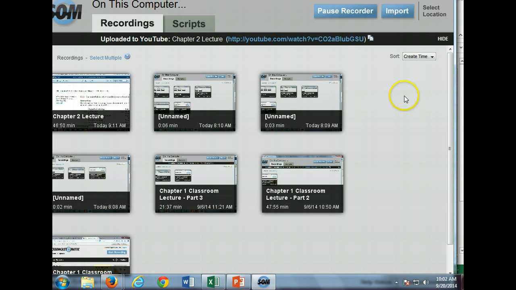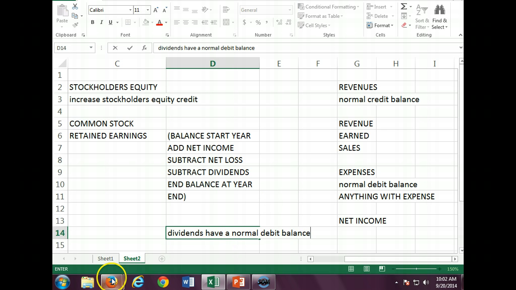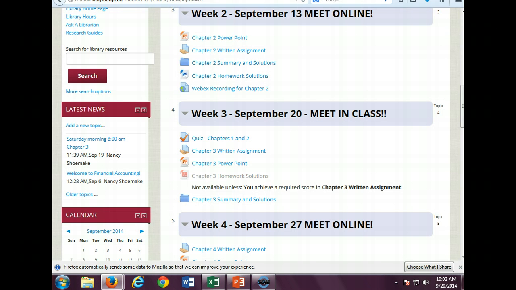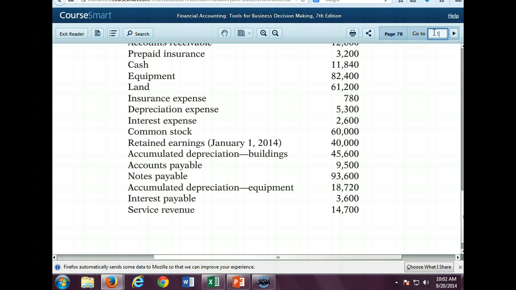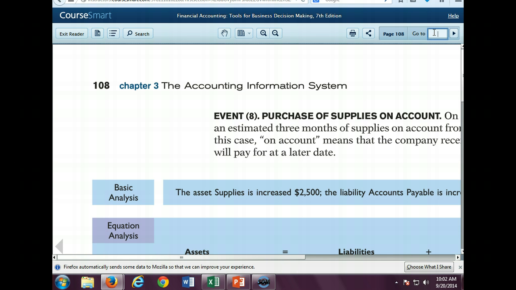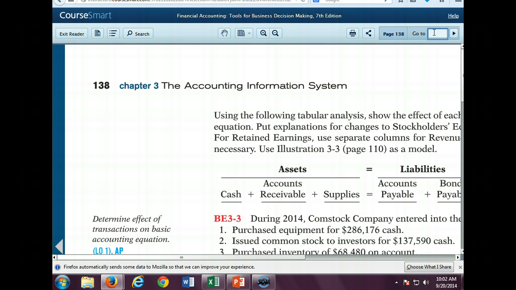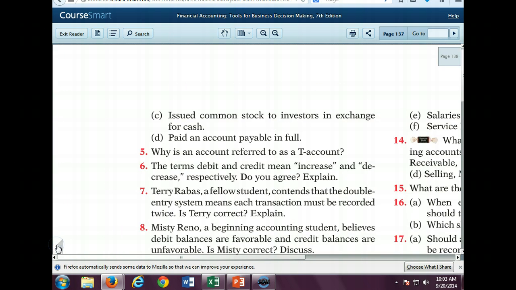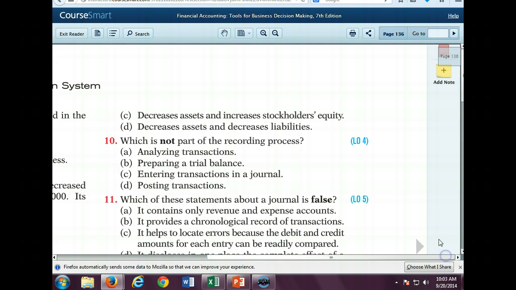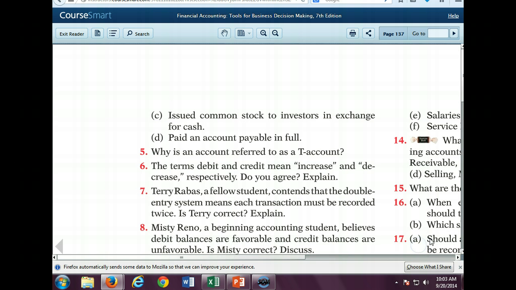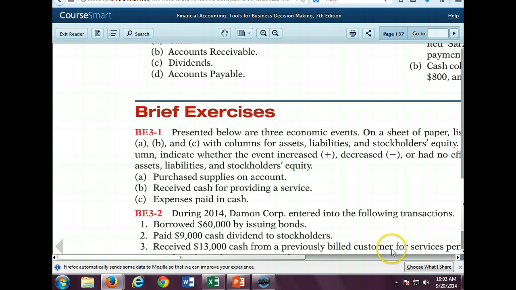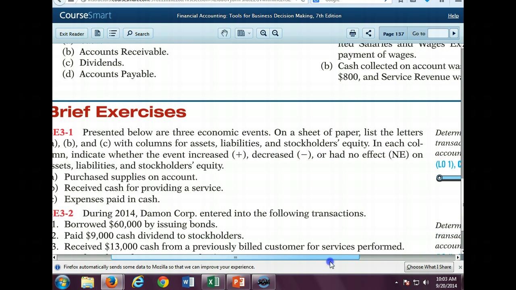Okay? So, now what we're going to do is go back here and look in the book at brief exercise 3.1.